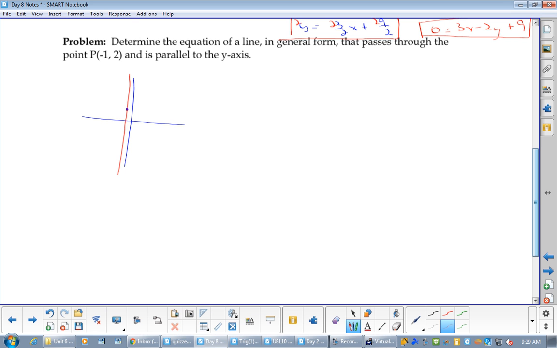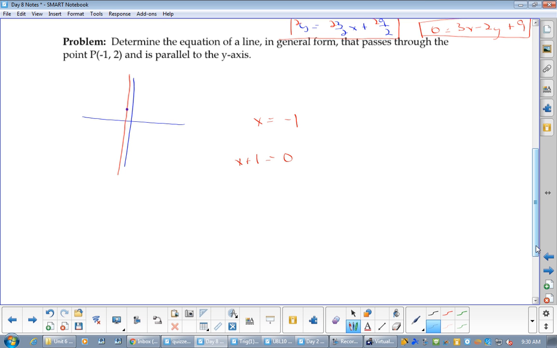So this one takes absolutely no work if you know what you're doing. The answer is x equals negative 1. In general form, x plus 1 equals 0.